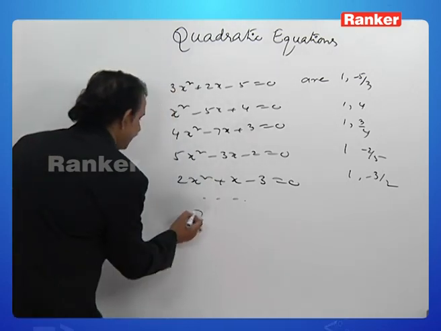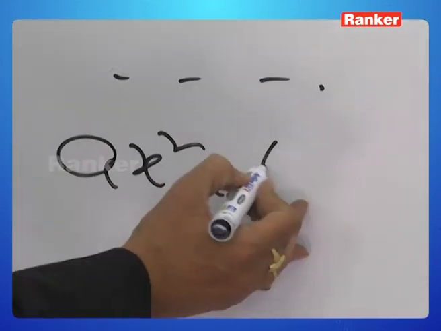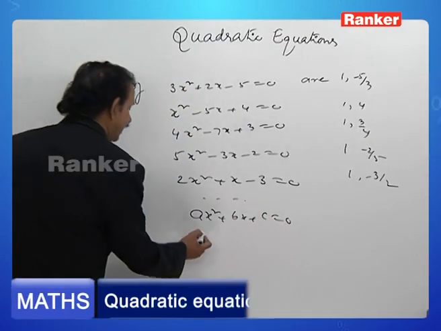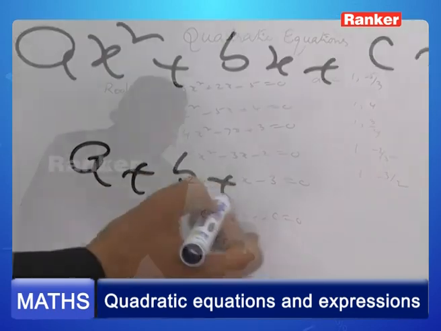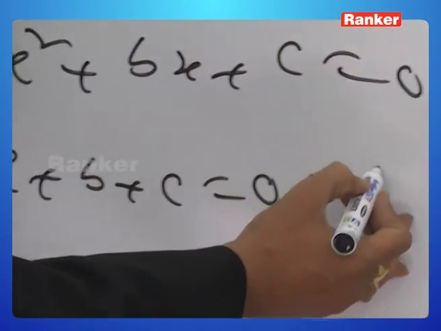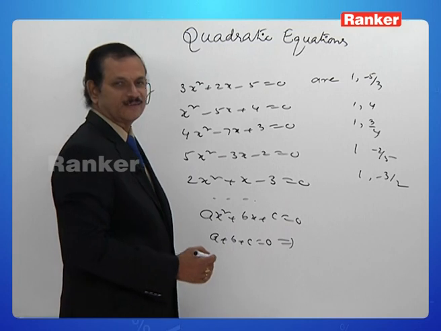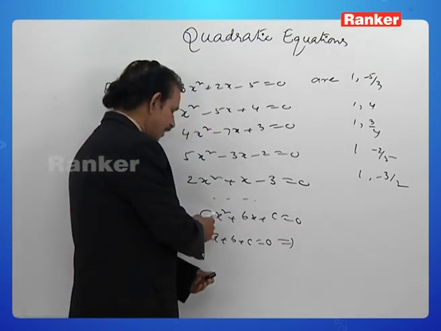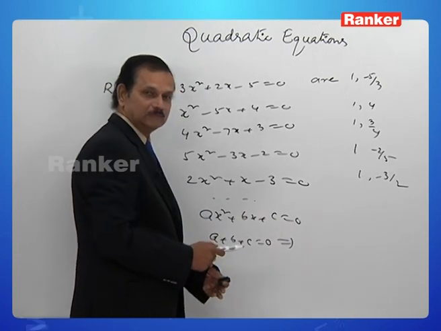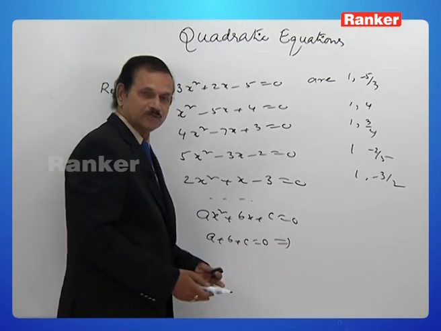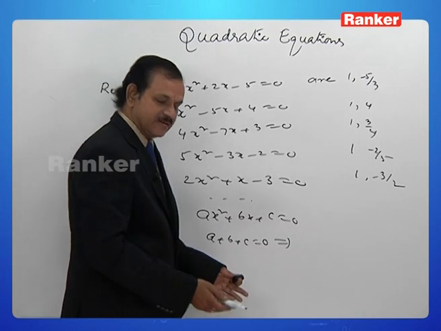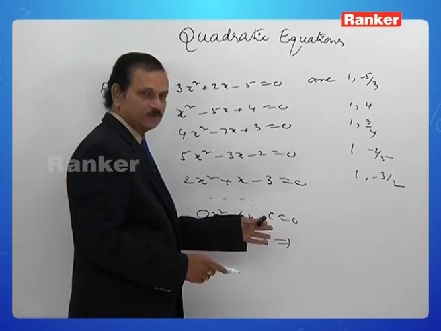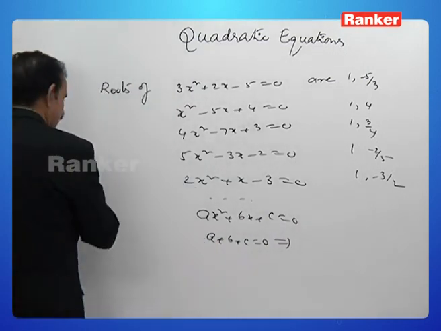Suppose ax square plus bx plus c is equal to 0 is the equation given, and a plus b plus c is equal to 0 is observed. Then what can you say? If you put x is equal to 1, what is going to happen? A plus b plus c is equal to 0, and it is there in the given condition. So you can immediately say that 1 is a root of this equation.